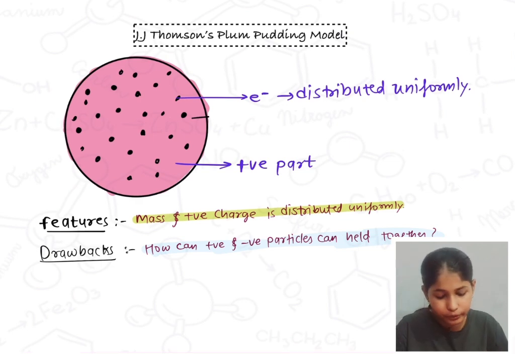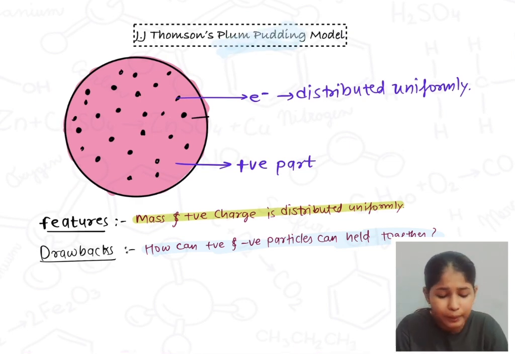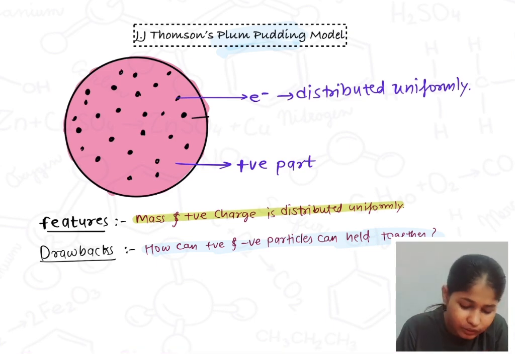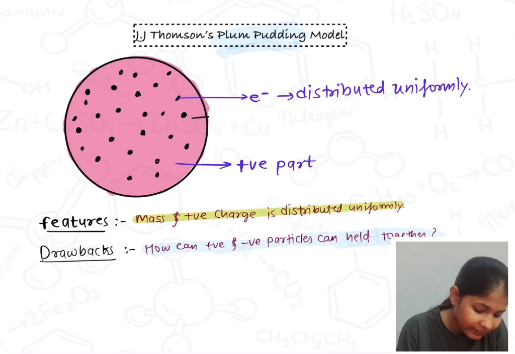Thomson's plum pudding model. So why has he used the name plum pudding model? For your information, what is plum pudding? Plum pudding is a type of cake which is used at Christmas, and it is a type of dish. But in some books it is also written as the watermelon model.